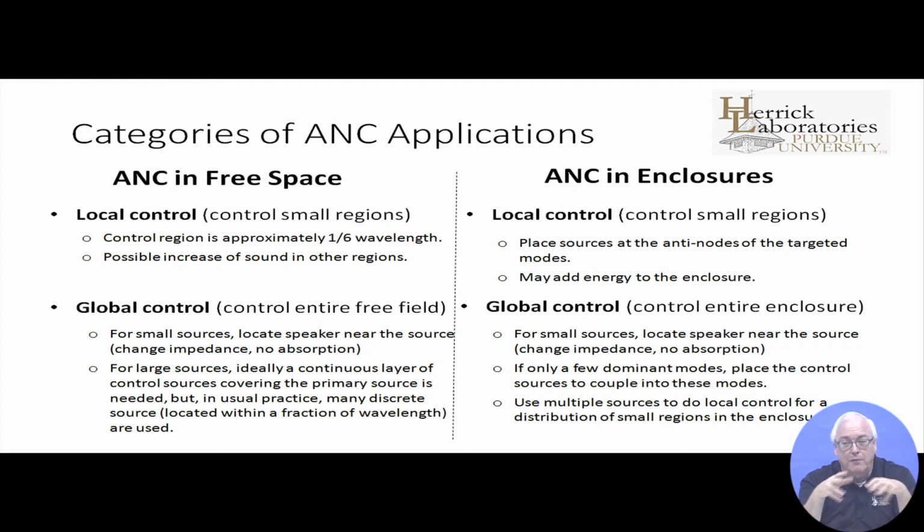They have to do static testing of their rockets somewhere in Texas that generates a lot of noise, of course. If you could come up with a system that would cancel the noise as it traveled away from the test site, that would be useful to minimize the exposure to the community around the testing facility. So that would be active noise control in free space or in large spaces.